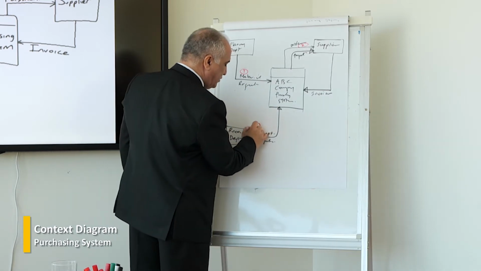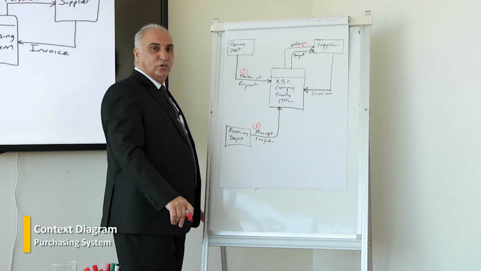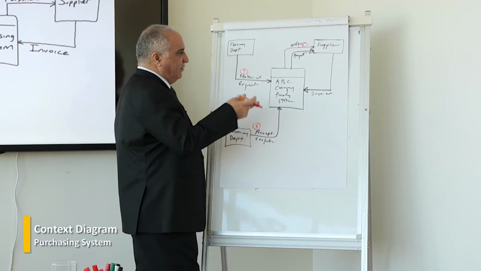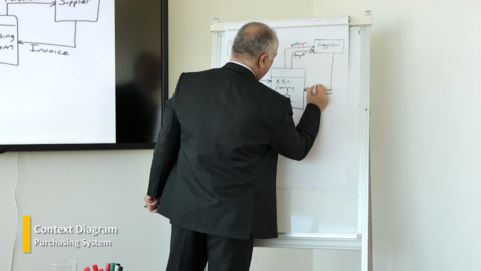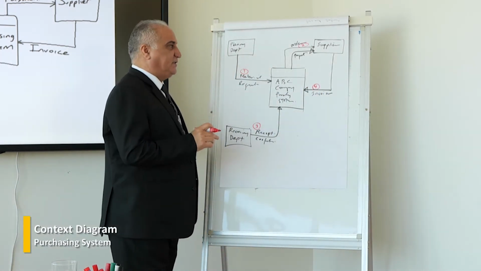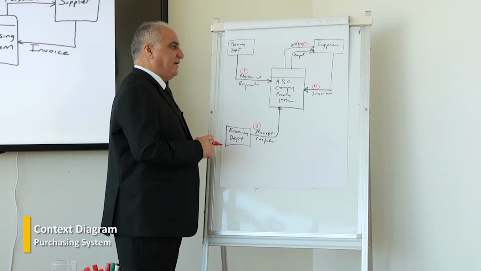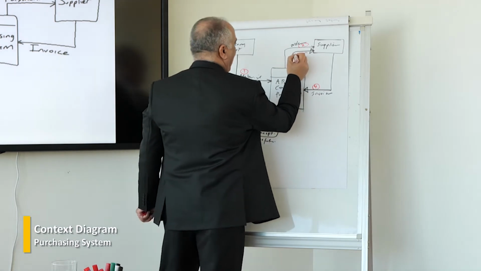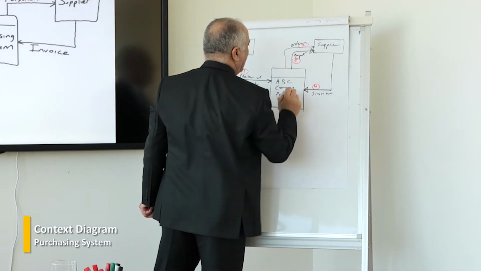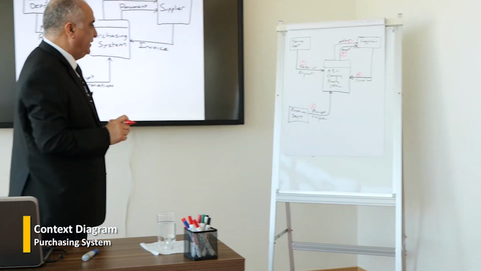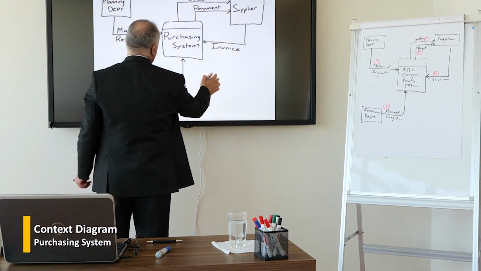The supplier is going to deliver the requested material. Then the supplier will invoice for the material that they have delivered, and 5 is a payment has to be made. So we call this now the context diagram.